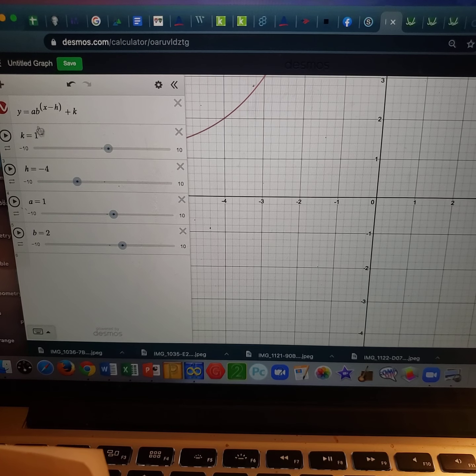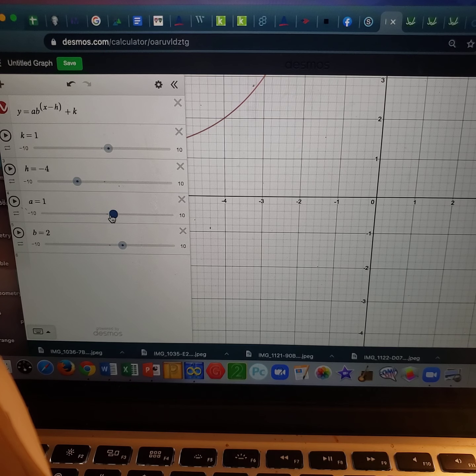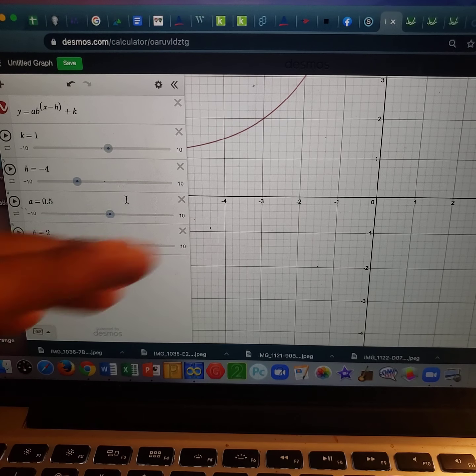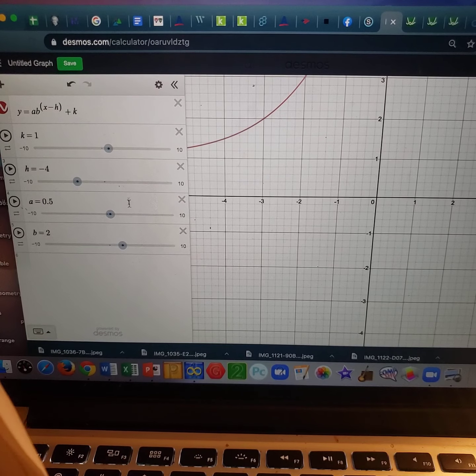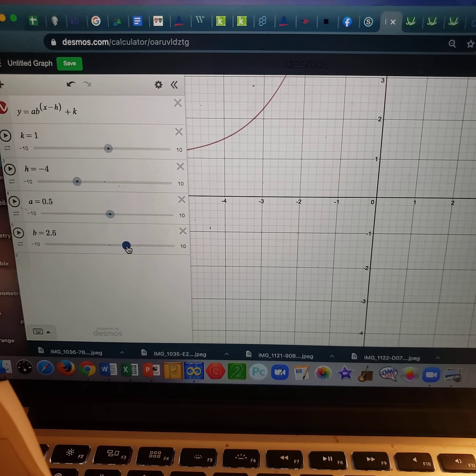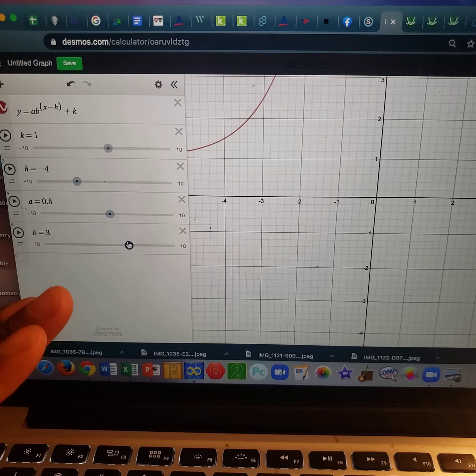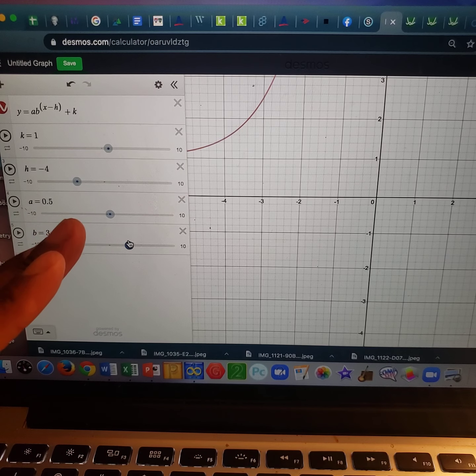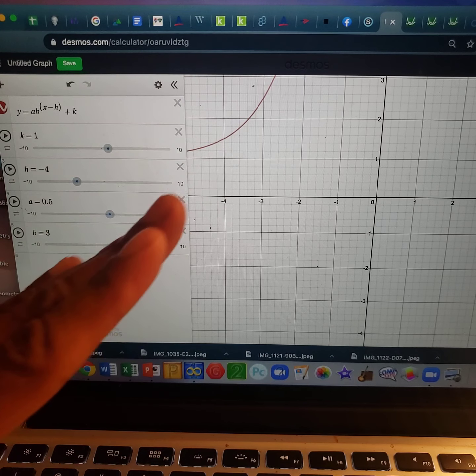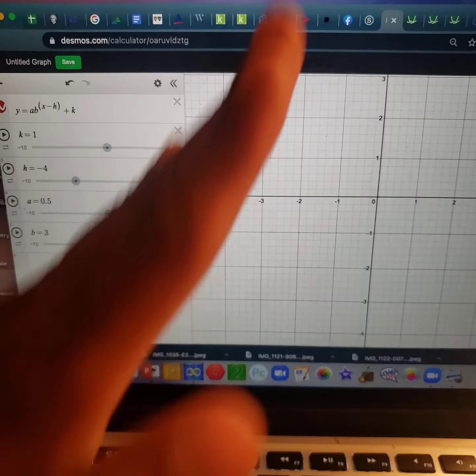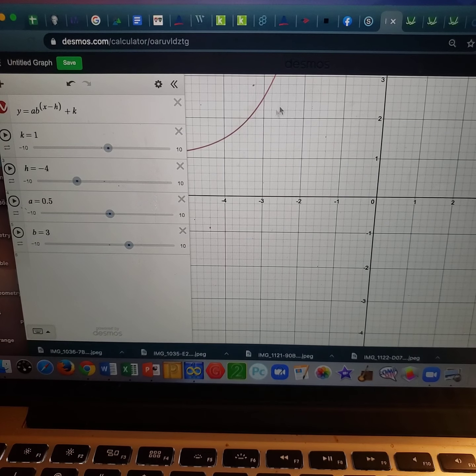Remember, a just stretches it, so it's just going to be stretched a little bit. 0.5, so it gets stretched a little bit. And I'm just going to change this to 3. The b just makes it increase quicker or slower. So if it's a fraction, it's going to increase a lot slower. If it's going to be 3, it's going to increase. Like if it's going to be like 3 or 100, it's going to increase really quickly. And that's kind of like what your graph looks like. All right.